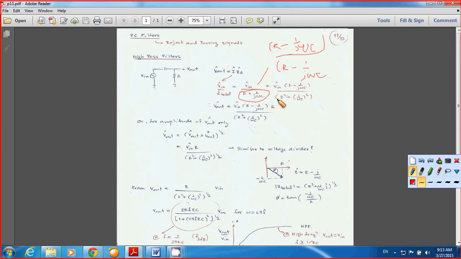For the denominator, you're going to end up with R squared plus 1 over omega C squared. At the top, in the numerator, you're going to have this term. And finally, you get Vout to be Vin multiplied by R minus 1 over J omega C, and then multiplied by R. Or you can use the voltage divider, just like this term here.